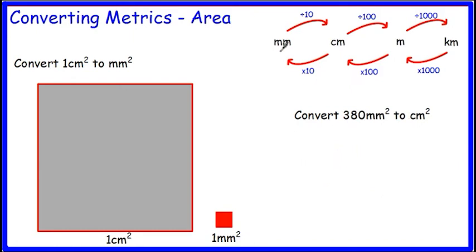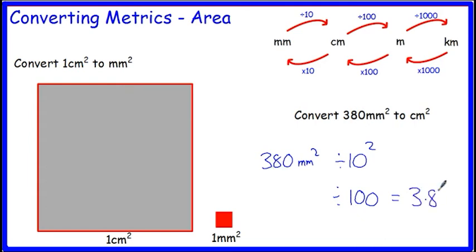So now I'm going from millimeters squared to centimeters squared. So it's divided by 10, but it's not, because I'm dealing in area. Same as dividing by 100. So this divided by 100 is 3.8 centimeters squared.